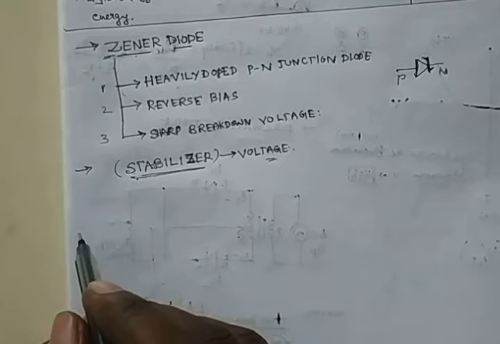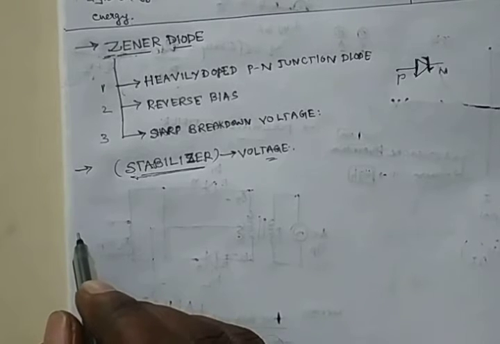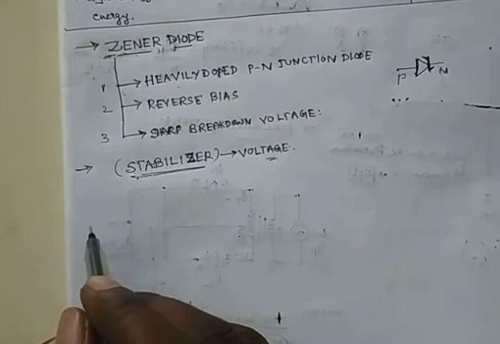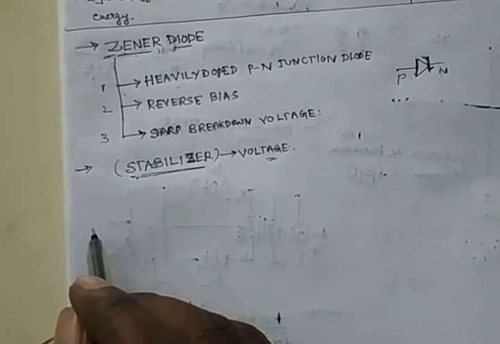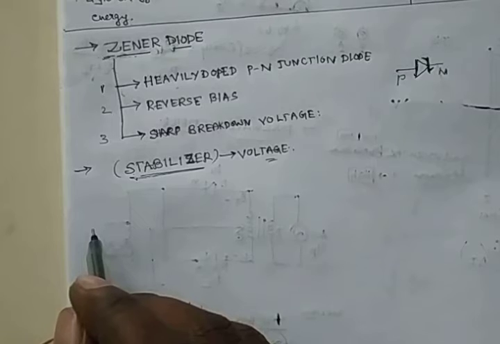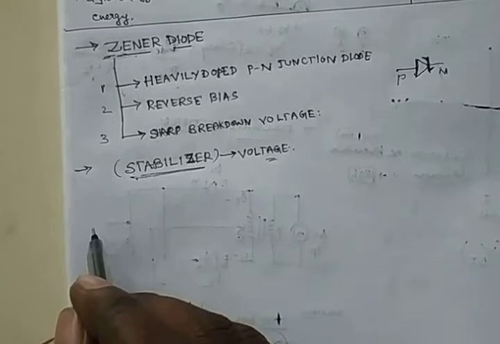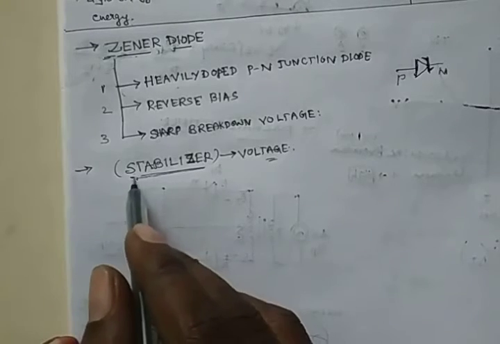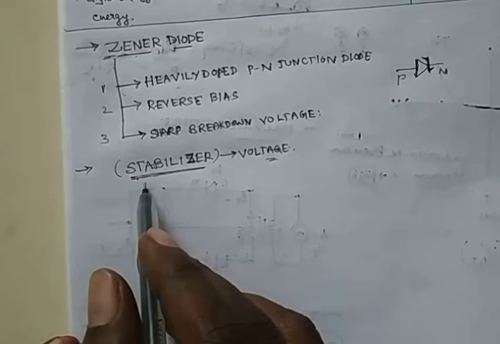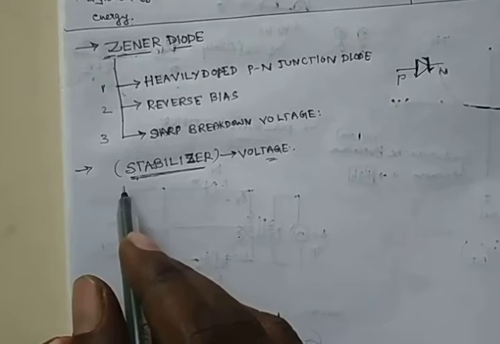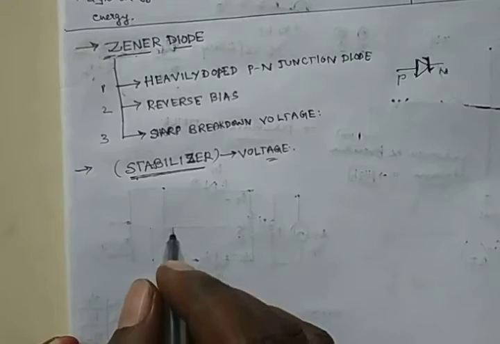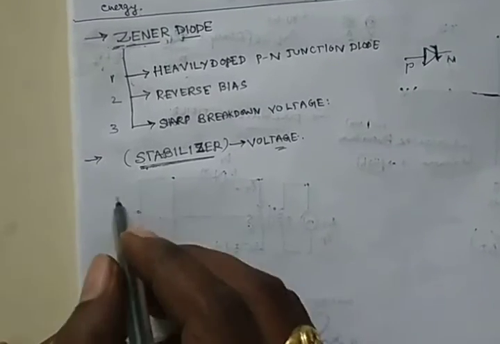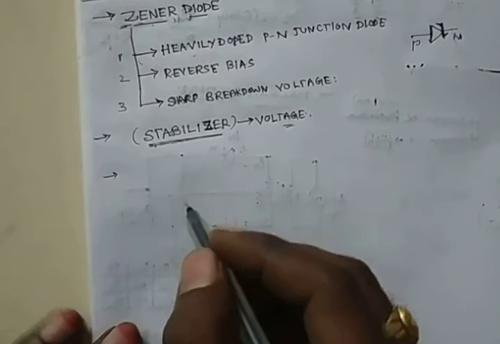Whatever fluctuations occur through the electrical line, when the output is coming towards the TV, AC or fridge, the voltage passed through the circuit, the final output, should be stabilized, that means constant.